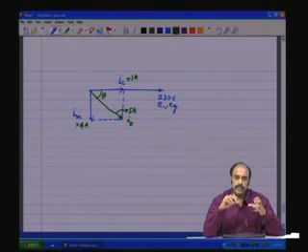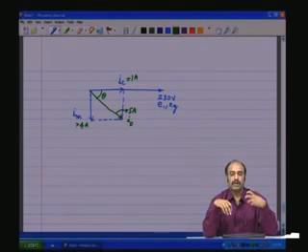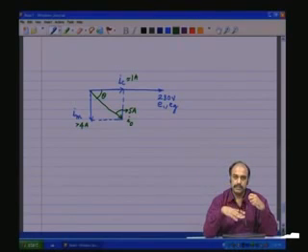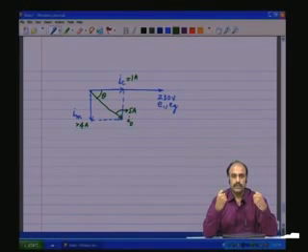Now, all the ampere turns or all the flux that is produced by the primary does not link all the windings on the secondary, and all the motive force generated by the secondary current I2, which is N2 I2, is not going to link with the primary. So, there is going to be some flux which will not link with the other winding, and that is called the leakage flux.